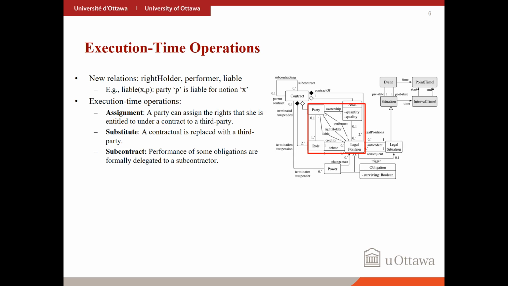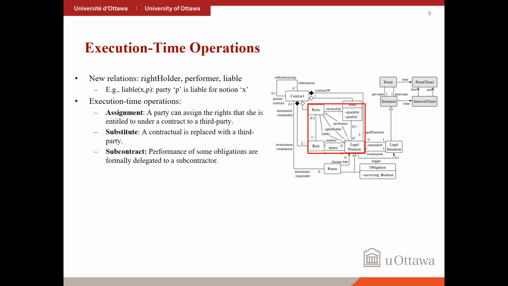For powers, however, the creditor is the performer. For example, suppose the buyer has a power to terminate a contract. The buyer is the right holder and she can perform the power. These three positions may dynamically be unassigned from or assigned to parties by execution time operations.